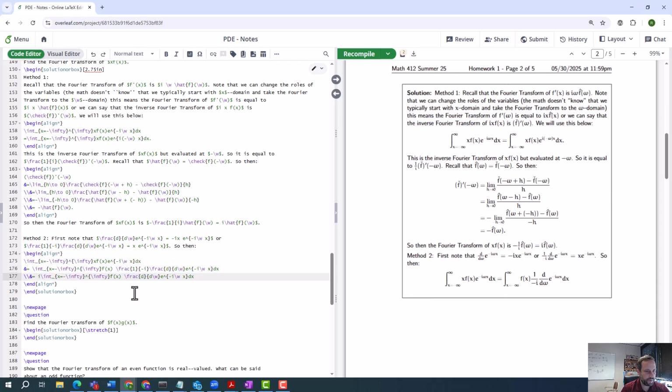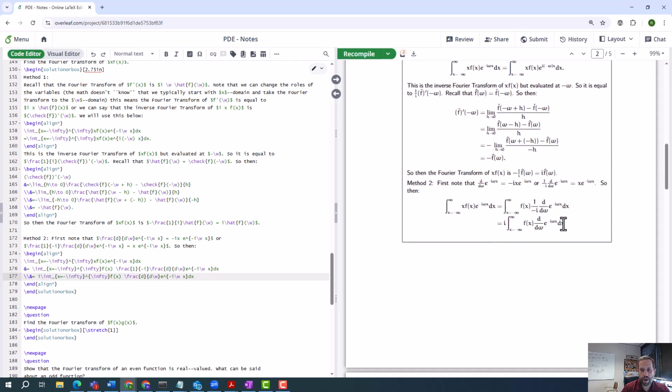Okay, so now let's see what we have. Now notice our integration is with respect to x, but our differentiation is with respect to omega. Since we know our function is absolutely integrable, which is a standard assumption that we're making for now, we can exchange the derivative with the integral.